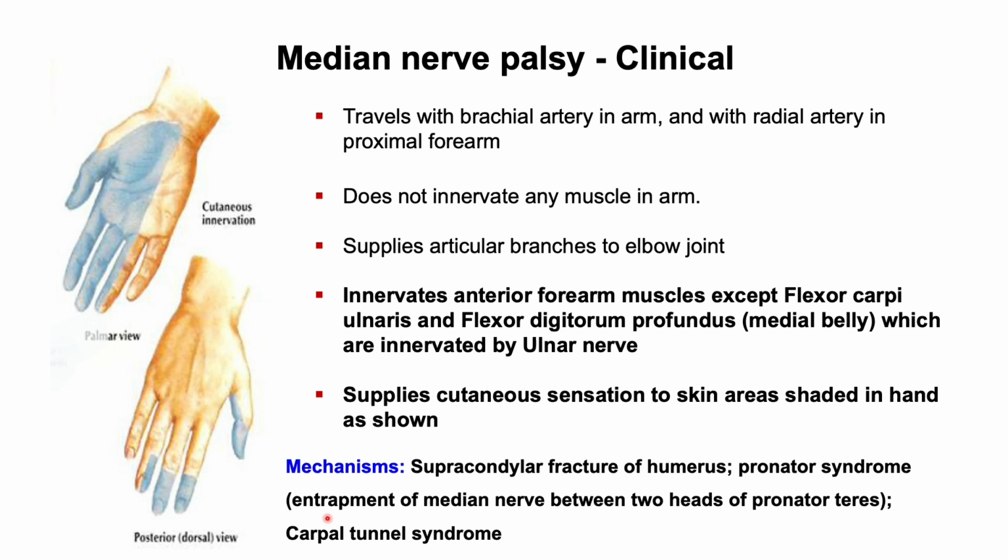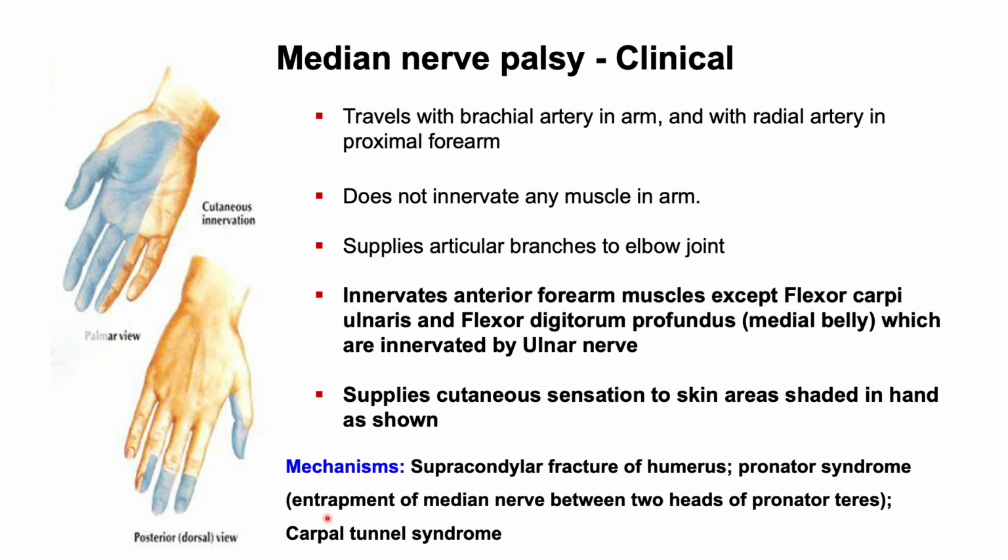It is mainly due to the nerve getting compressed between the heads of the pronator teres. It can be due to trauma, muscular hypertrophy, or the formation of a fibrous band. This can cause compression on the median nerve, and this is called pronator syndrome, or entrapment of the median nerve between the heads of pronator teres. And the most common one is carpal tunnel syndrome.